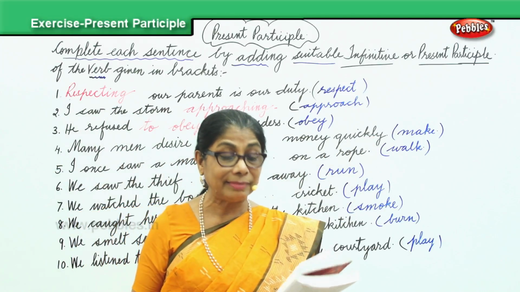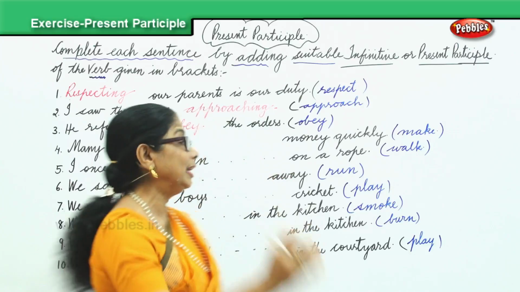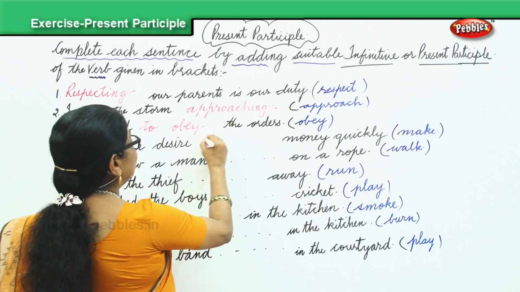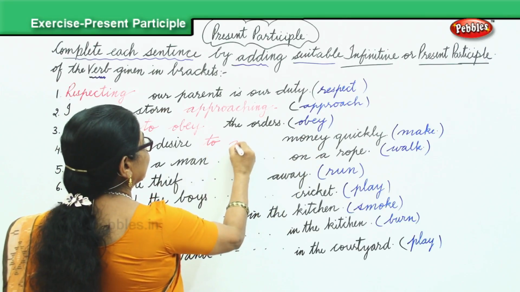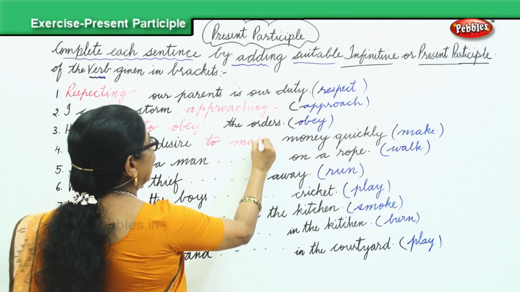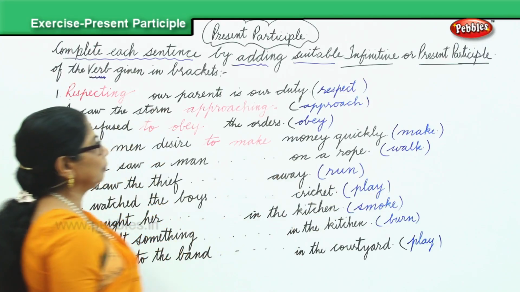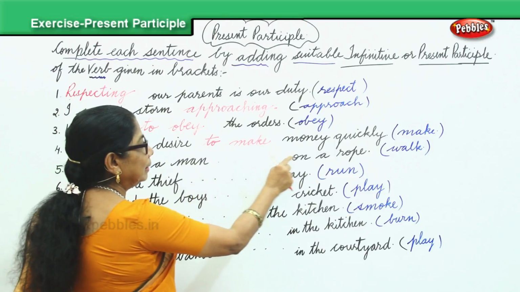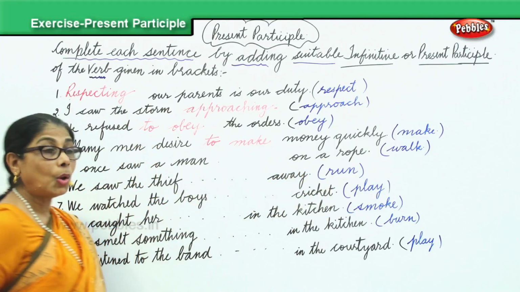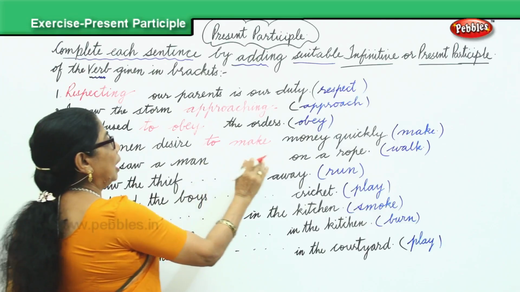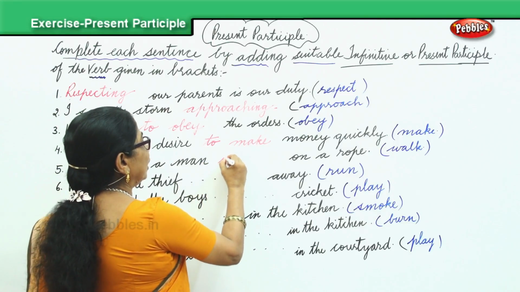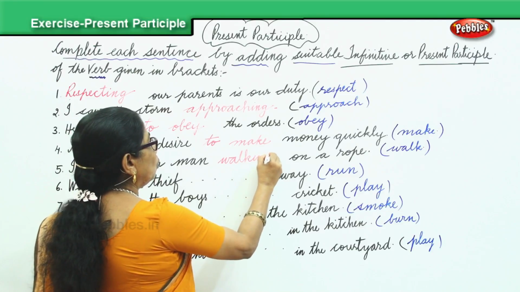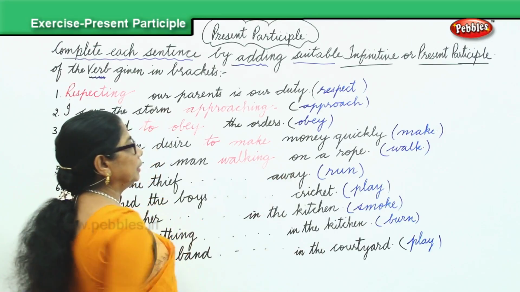Many men desire to make, infinitive here, to make money quickly. Next, I once saw a man dash a rope. Walking, very good. I once saw a man walking on a rope.